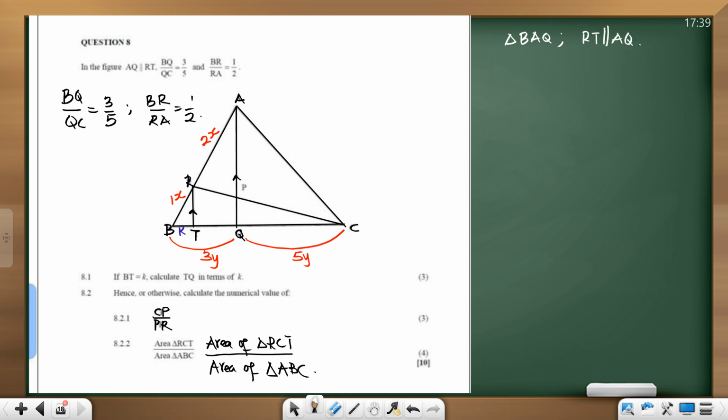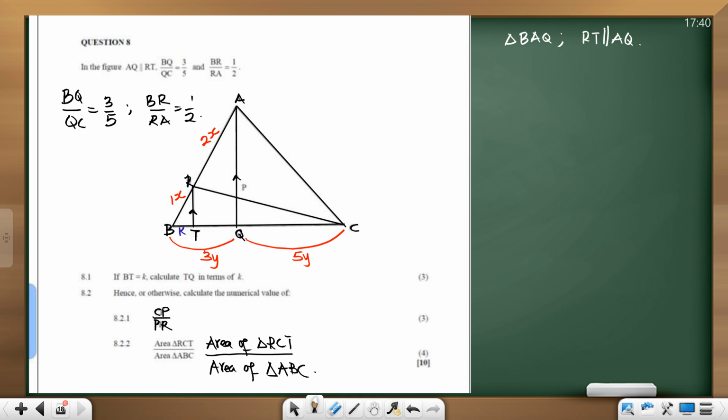Please write down your proportionality. All right, we should be done. You are looking for TQ.